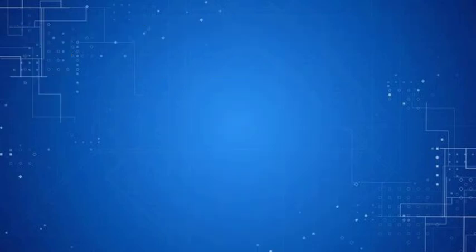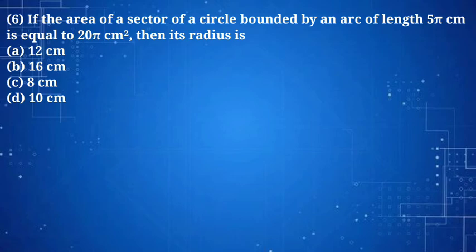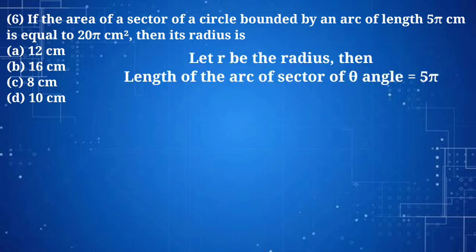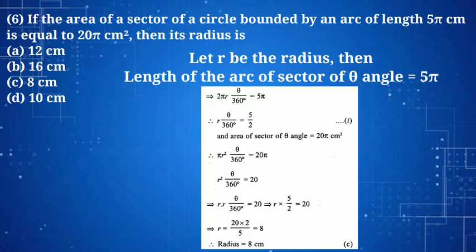Okay. Question number 6. If the area of the sector of a circle bounded by an arc of length 5 pi centimeter is equal to 20 pi centimeter square, then its radius is. So here we have two measurements. One is the length of the arc of the sector, equal to 5 pi, and the area of the sector, 20 pi centimeter square. We need to find the small letter r.